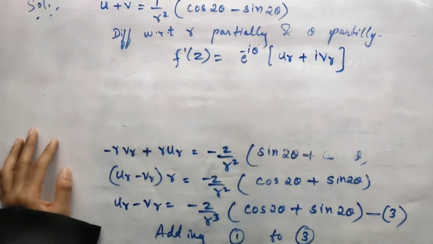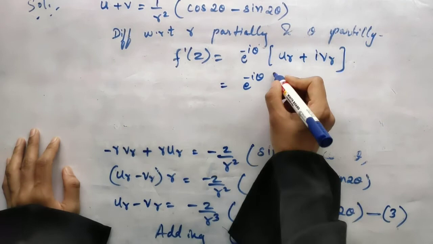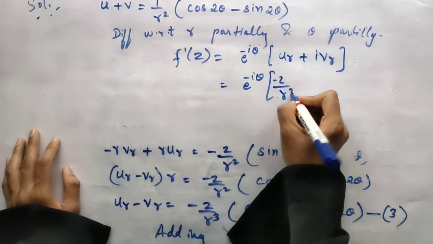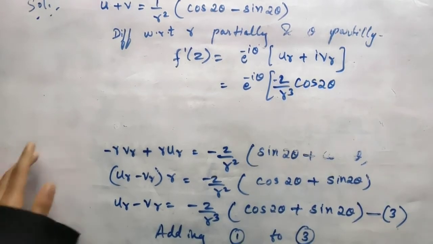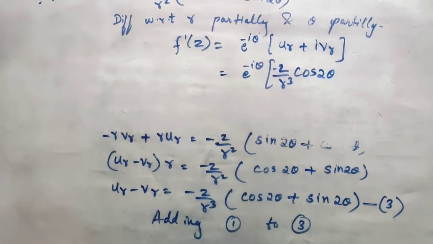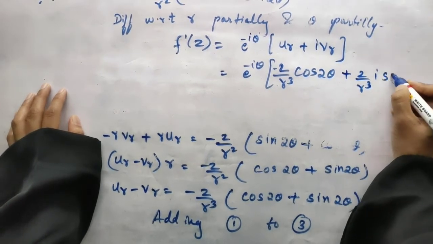Right, now we have got UR, we have got our VR. So e to power minus i theta, your UR is minus 2 by r cube cos 2 theta. And what is VR? 2 by r cube sin 2 theta, multiplied by i.